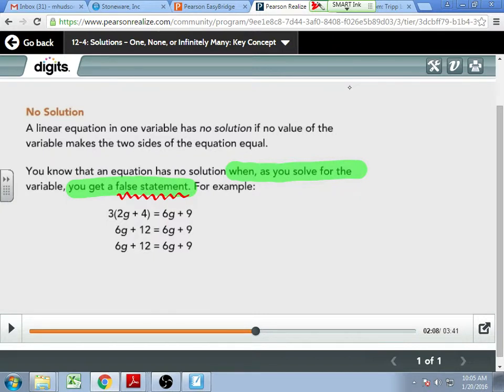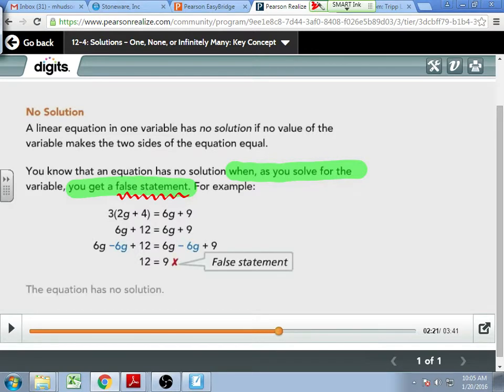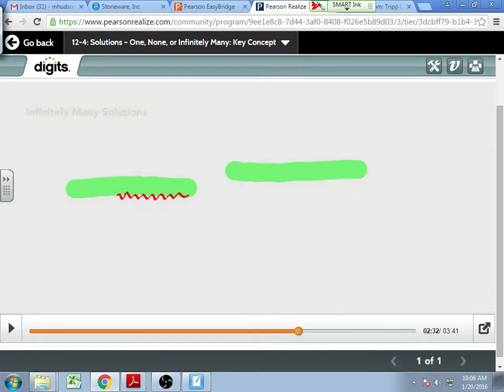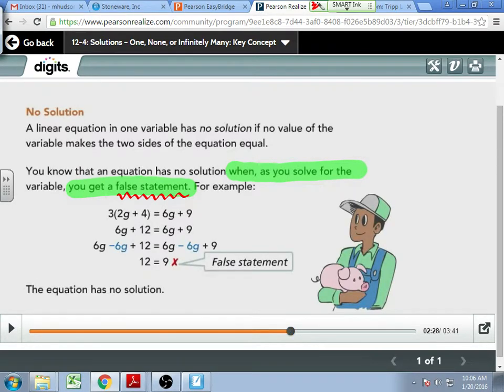It is not correct. So as we're solving this equation, we distribute the 3 out. We work to get my variable terms together, so I subtract 6g from both sides. But when I do, I get an expression that tells me that 12 is equal to 9.